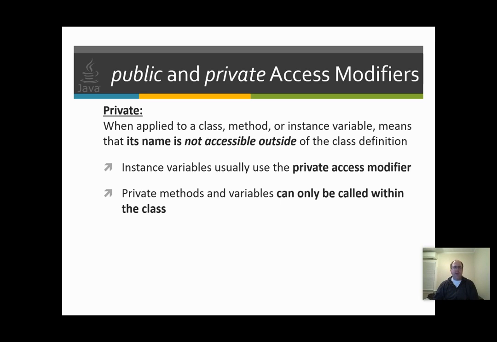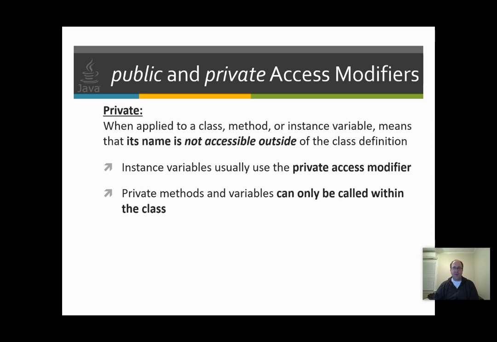So private methods and variables can only be called within the class itself. And I'll show you an example of that here in a moment. So this idea of an access modifier, if all we do is stick public or private before the declaration of a variable or a method, we can control whether that variable or that method is available inside or outside of the class.